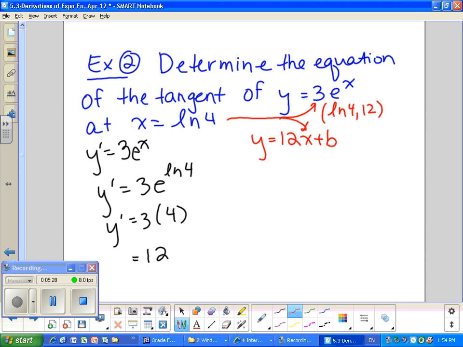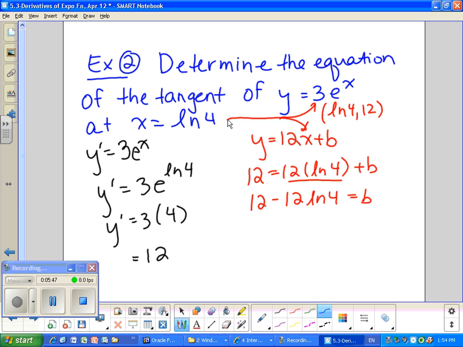So when you substitute it in, you have 12 equals 12 times ln 4 plus b. This will not simplify any, so you just rearrange and solve for b. So you have 12 minus 12 ln 4 equals b. And now you put your final equation, which is y equals 12x plus 12 minus 12 ln 4.